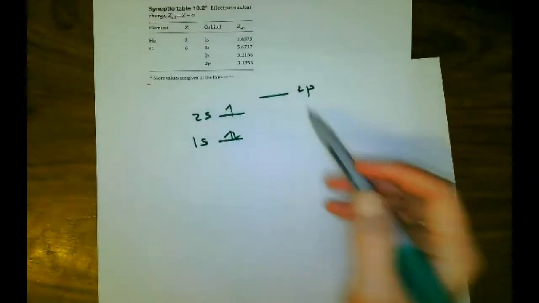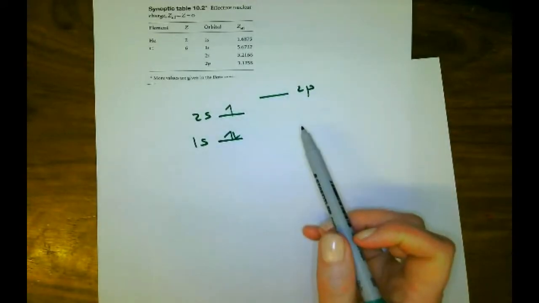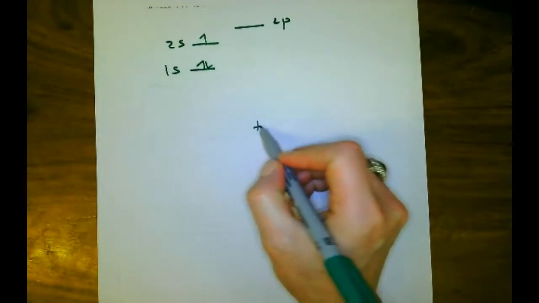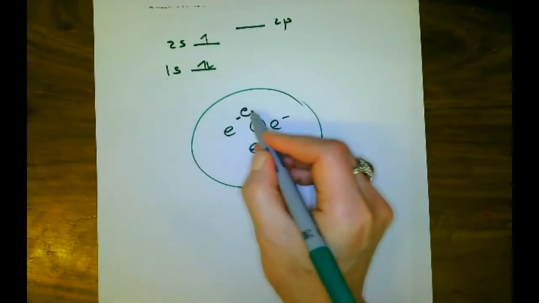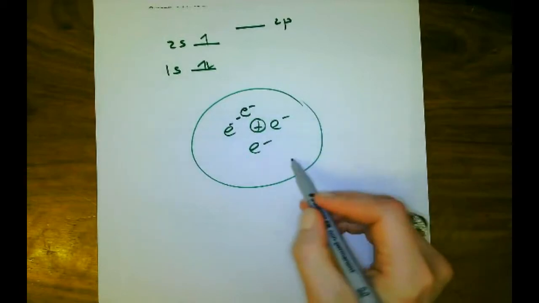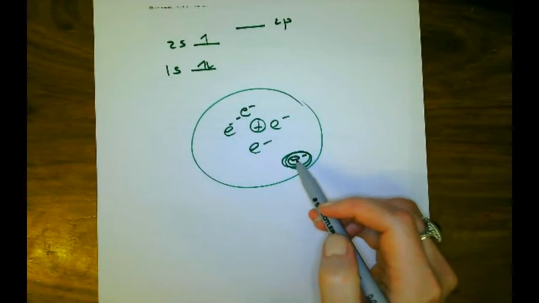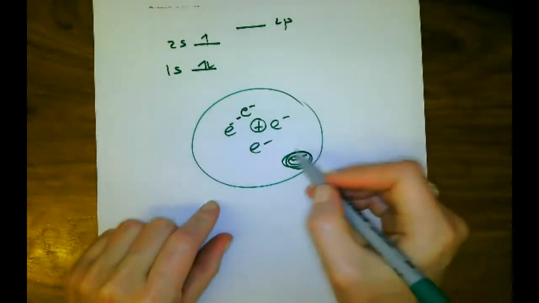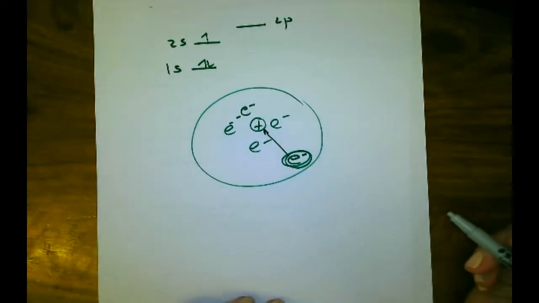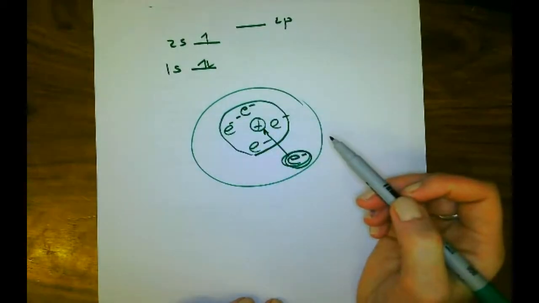Now why are they degenerate in the hydrogenic atoms, but in the many electron atoms they are not degenerate? And this has to do with penetration and shielding. So if this is the nucleus and this is your many electron atom, you can imagine this electron, which is a bit further from the nucleus. If there were no other electrons present, this electron will feel the attraction of the nucleus. But in this case, there are other electrons present.